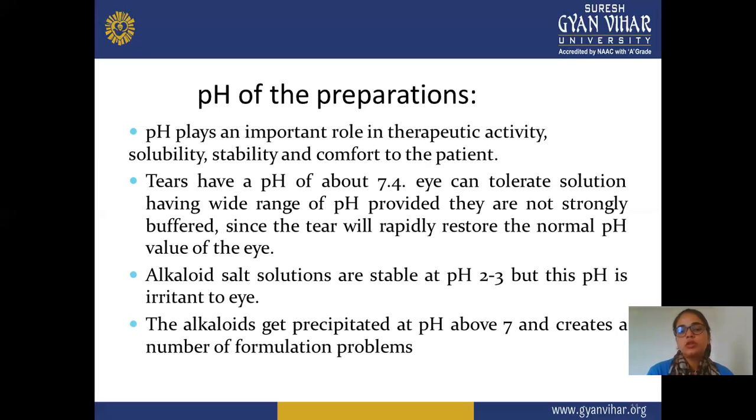And these alkaloids get precipitated at pH 7 and create a number of formulation problems. Means instead of eye irritation, it also shows some precipitation problem. When you administer this alkaloid salt into your eye, it converts into precipitate form, or maybe forms a hard gel or semi-solid gel, which is not compatible or doesn't release the drug from the formulation. So this is also one of the problems.